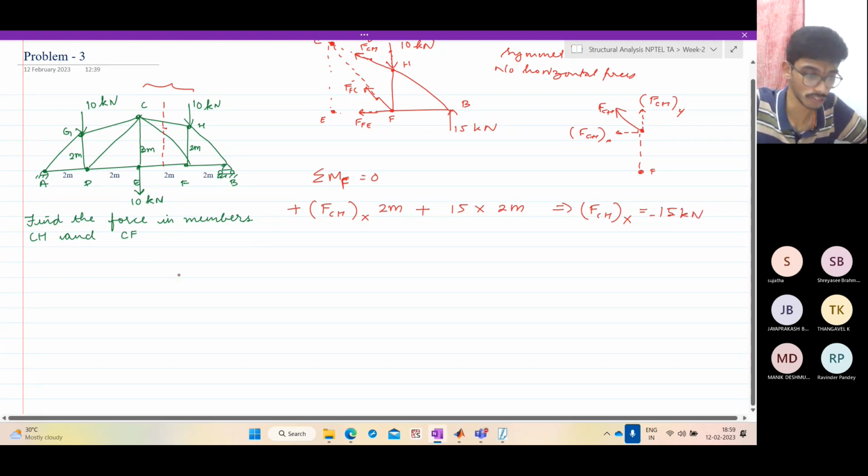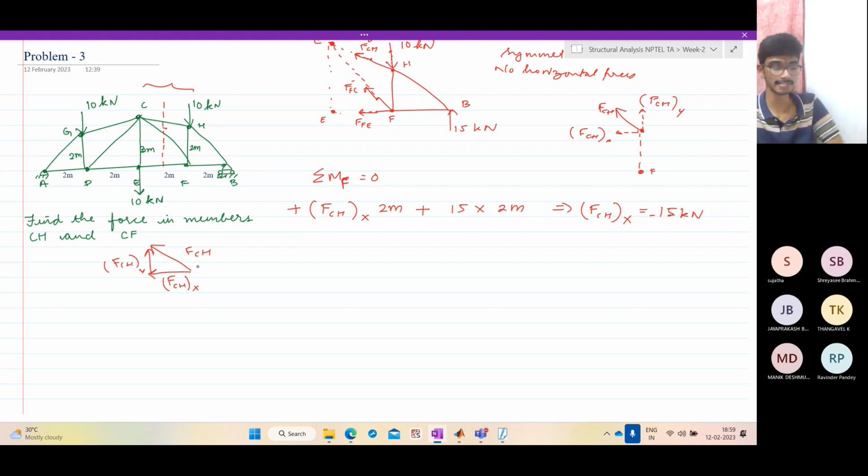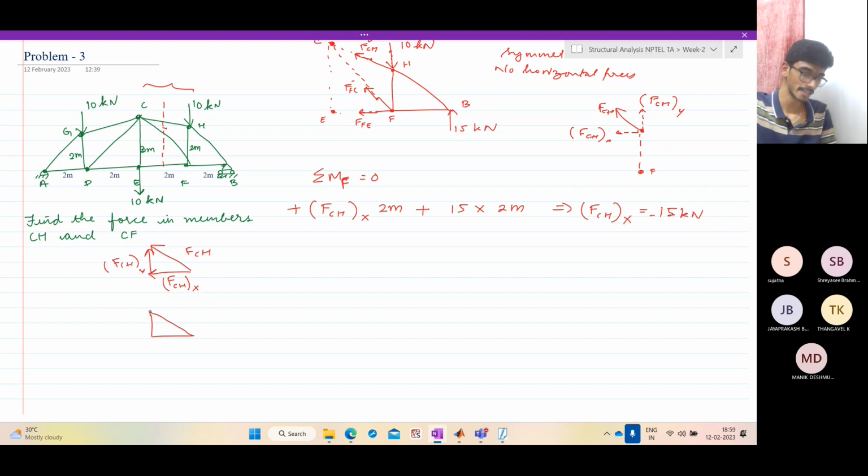Now use the force triangle, which you may be familiar with from your engineering mechanics. We have FCHX plus FCHY. You know this triangle law of addition will give FCH. But you know what angle FCH is inclined at. You see this? This is 2 meters and this is 3 meters, so this much is 1 meter. So this is 1 and this is 2.